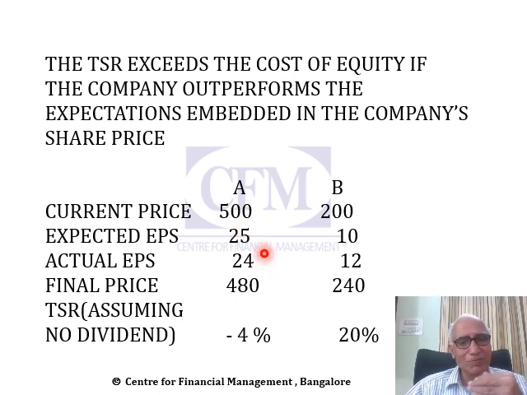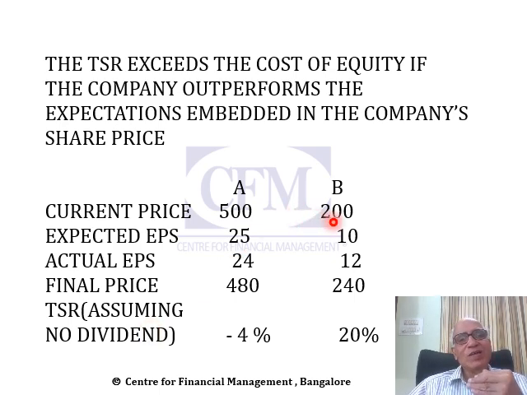So they revise the price downward to 480. This new price embeds the new expectation generated on the basis of the actual performance of the company vis-a-vis its projected performance. As a result, the TSR of company A is minus 4% if we assume that the company pays no dividend.